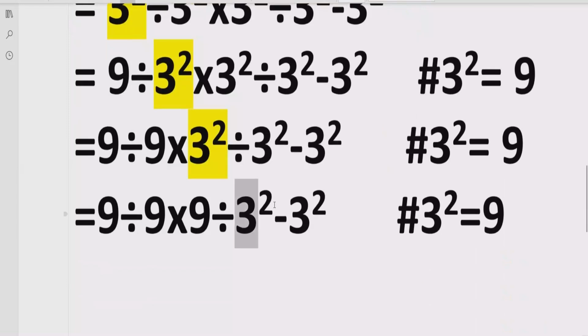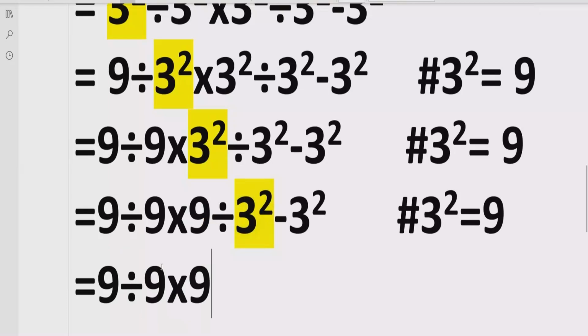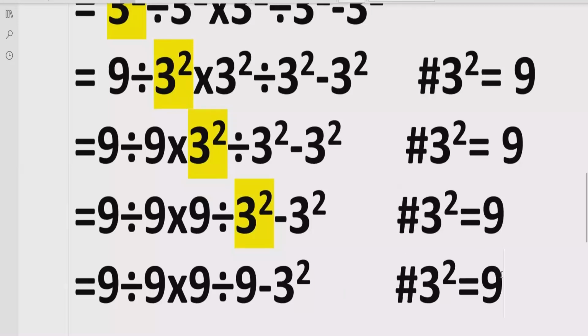Now we again have 3 raised to power 2, which is 3 multiplied by 3 equals 9, minus 3 raised to power 2 written as it is, and the reference is 9.